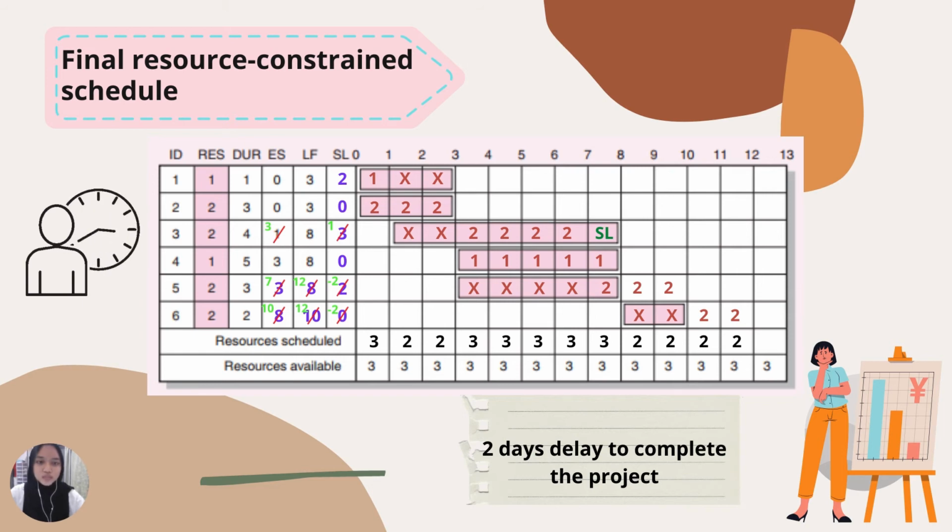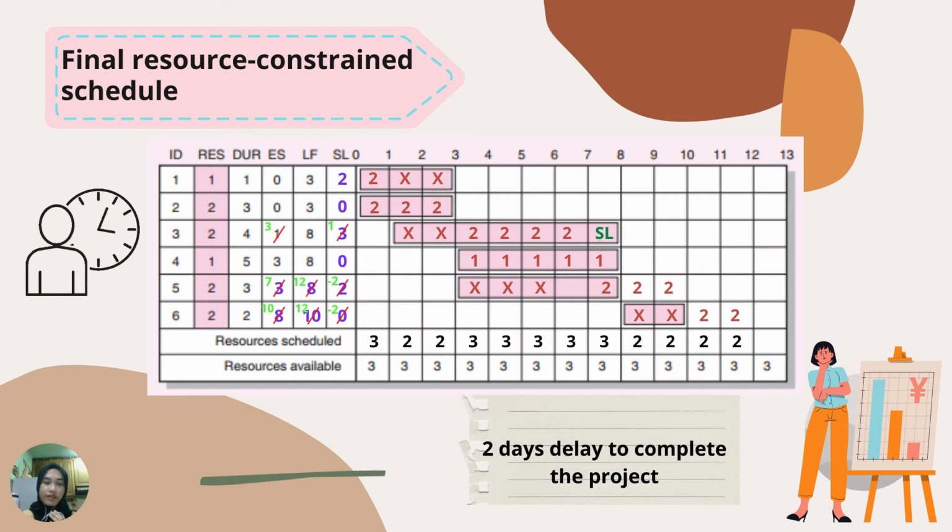We extend and begin the activity at day 4 because we want to limit the number of resources available for each duration. So the beginning for this activity will also be +2, which is 3. But the LF is still the same because it still has slack available here. So the LF is still the same at day 8.